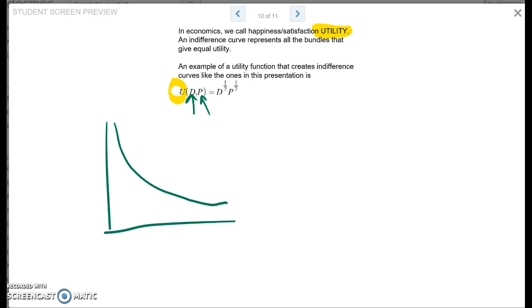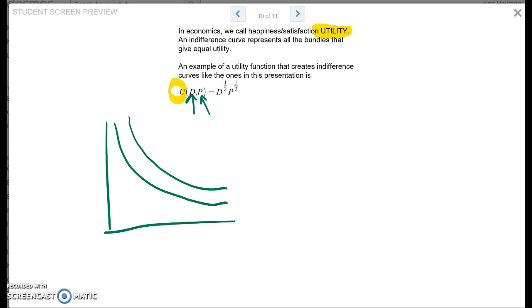Your utility is a function of how many Diet Cokes you drink and how many Pop-Tarts you consume. Specifically, your utility is given by the number of Diet Cokes raised to 1/2 times the number of Pop-Tarts raised to 1/2. This equation is what gives you the type of indifference curves we were looking at before.